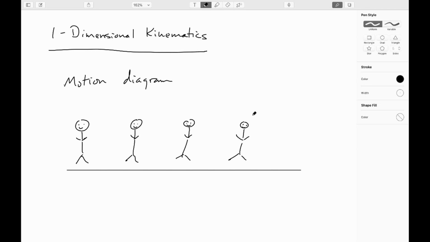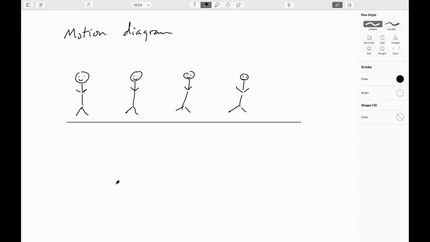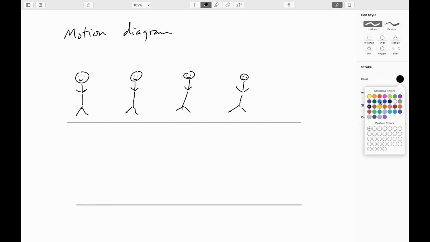All right, now let's think about somebody else. Let's say that somebody else was also walking down the street. So here's another street, and since it's somebody else, we'll make them red.